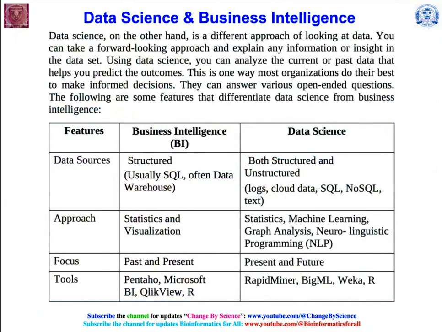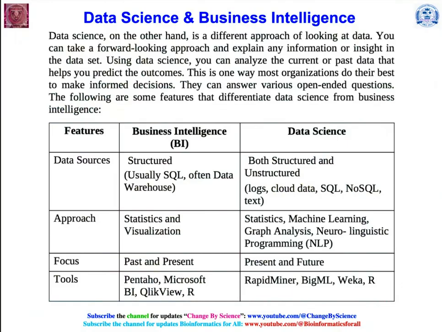So, what are the differences between data science and business intelligence? First thing, data science is a different approach of looking at the data. You can take a forward looking approach and explain any information or insight in the data set.